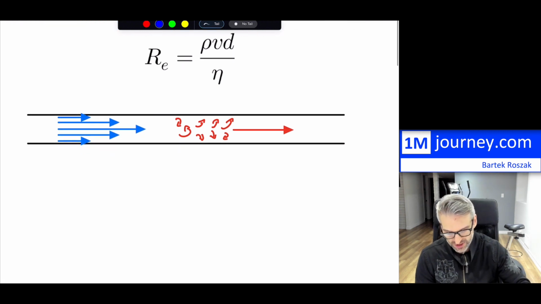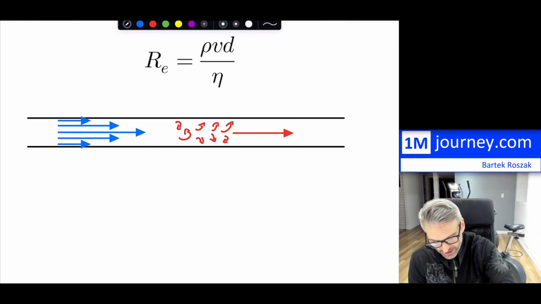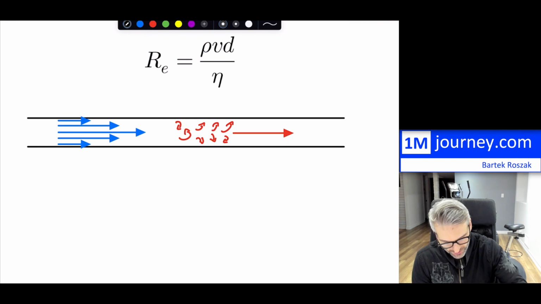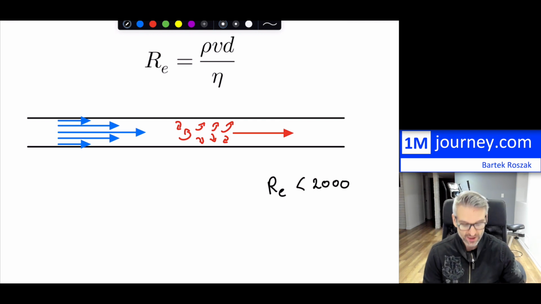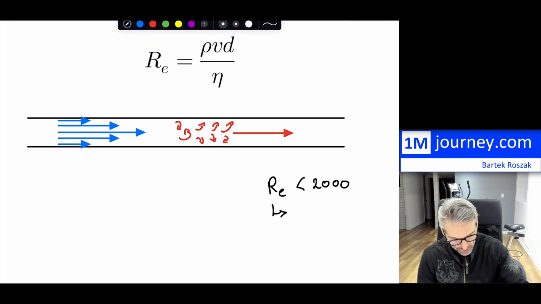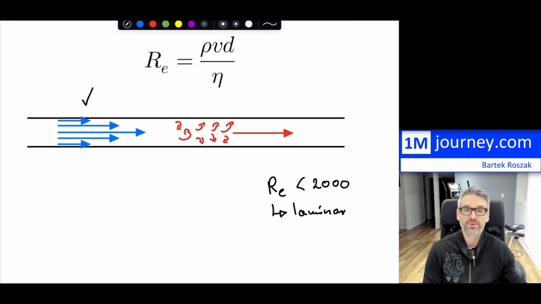So just for yourself, it turns out that if you take the Reynolds number and it's less than about 2000, when you do the computation, then what we typically observe is laminar flow, so it's going to be this nice flowing through the pipe.